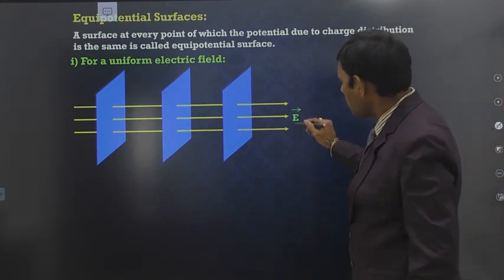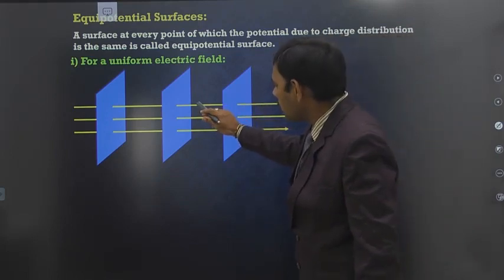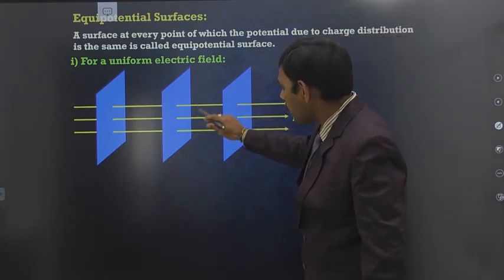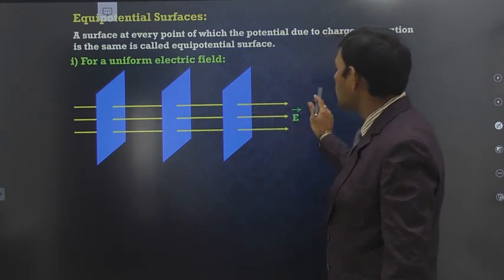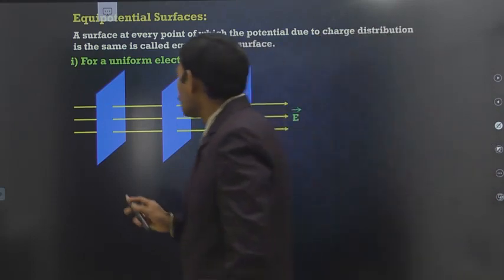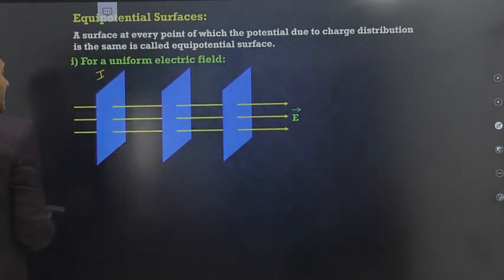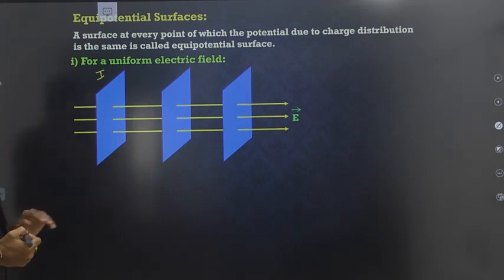Here E bar is the uniform electric field, pictorially indicated by the yellow lines, which are equally spaced parallel lines directed in the same direction. Here this is one plane surface taken perpendicular to the uniform electric field.